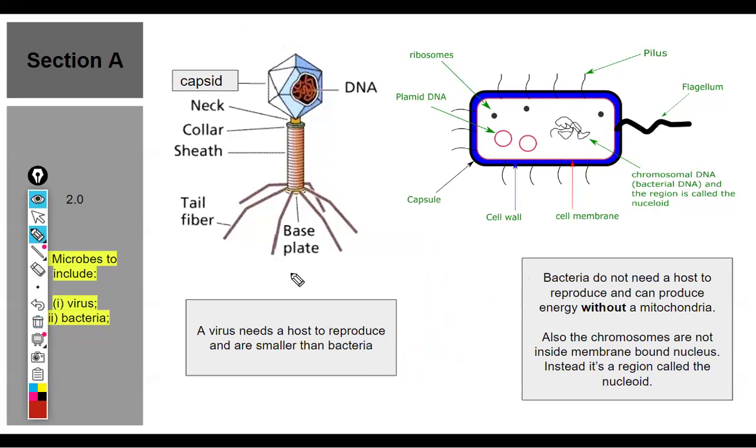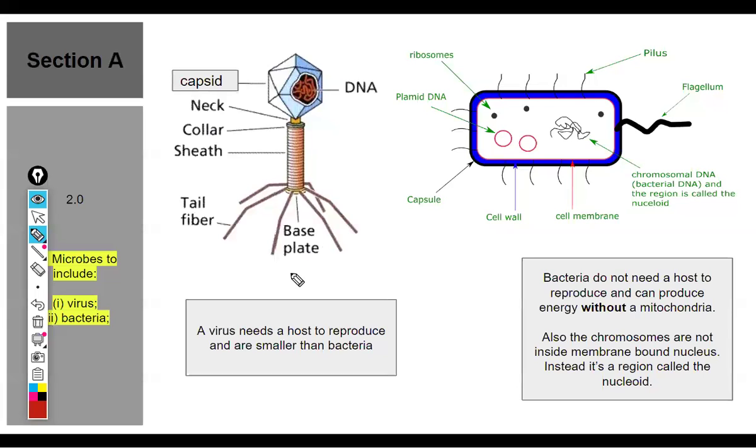A virus cannot reproduce on its own. What a virus needs to do is invade a host. It needs to invade another organism. In fact, if a virus doesn't find another organism in time and invade it, it will die.